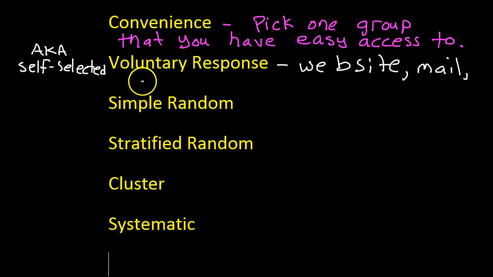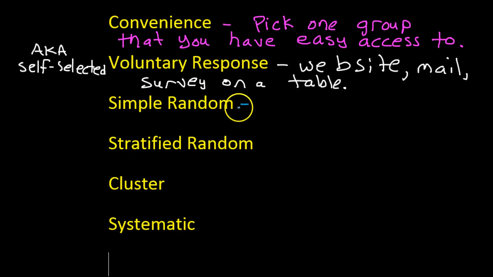Or if you just leave your survey on a table, and people can walk up and take your survey if they want to. Those are examples of voluntary response.